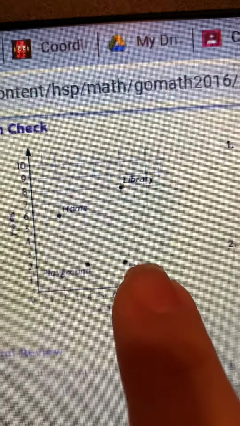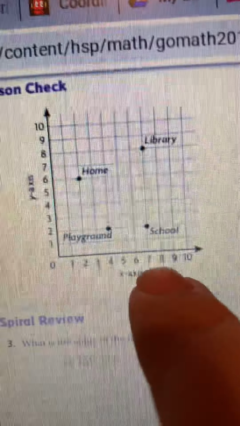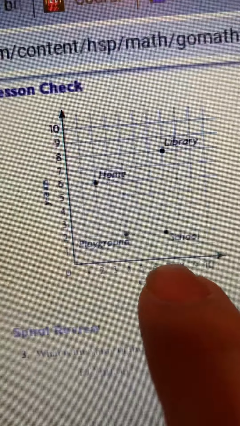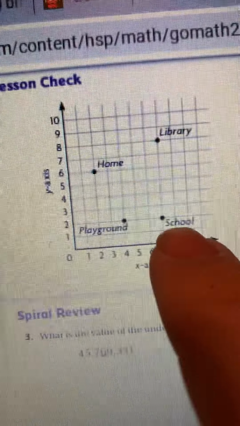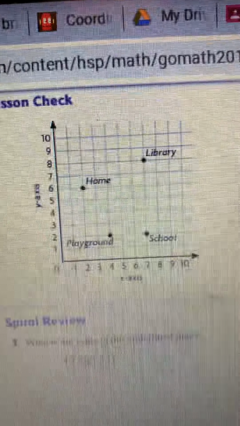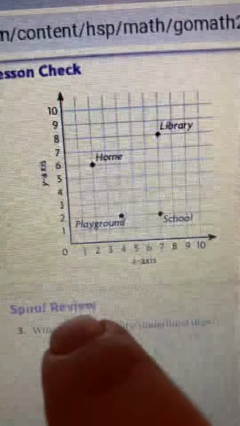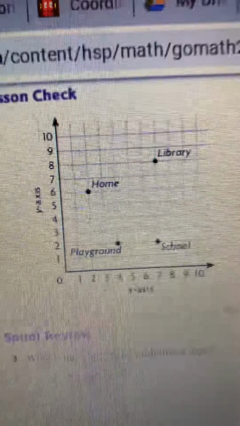The way you find the difference is you just subtract, especially since they are on the exact same line on the x-axis. So 8 minus 2 equals 6. There are 6 units, and we just call them units because it doesn't tell us if these are miles or what. So that would be a 6-unit difference.